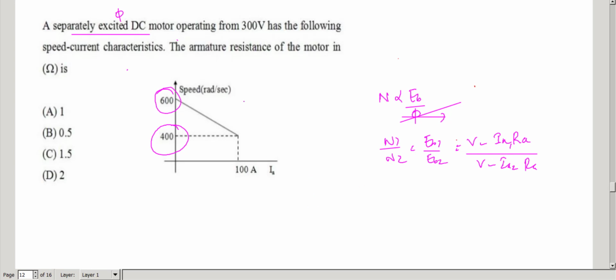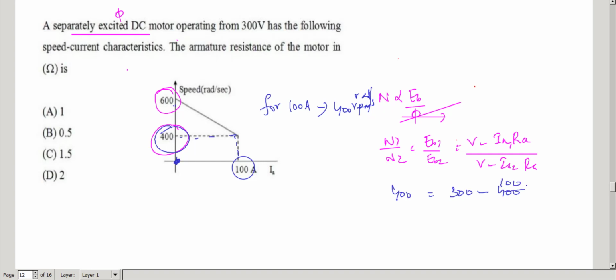From this graph, observe clearly: for 100 amperes I have a speed of 400 radians per second, and for 600 the current is 0. So let's take N1 as 400, voltage is 300, current is 100 into armature resistance.